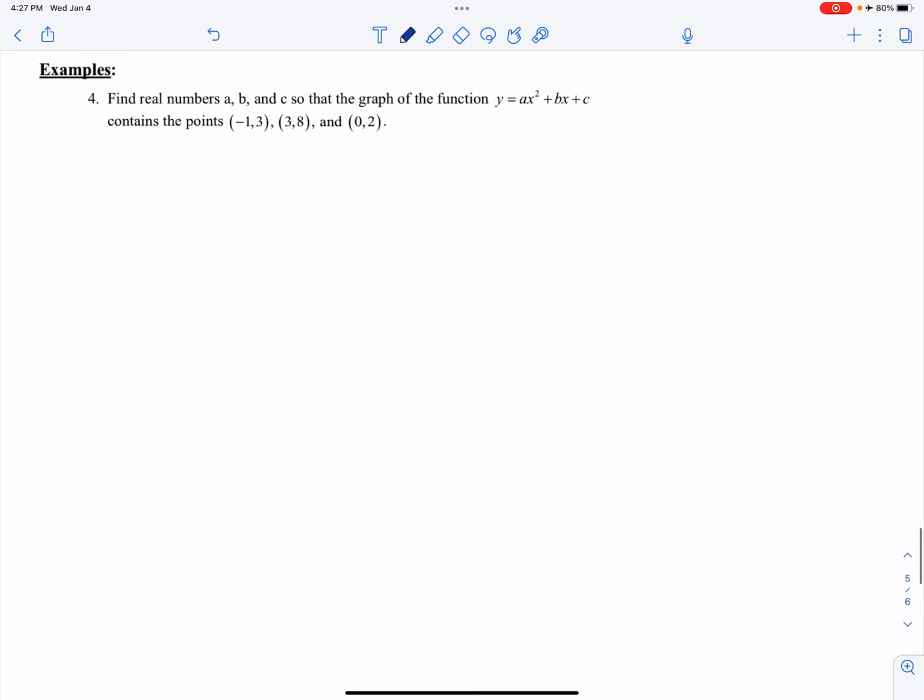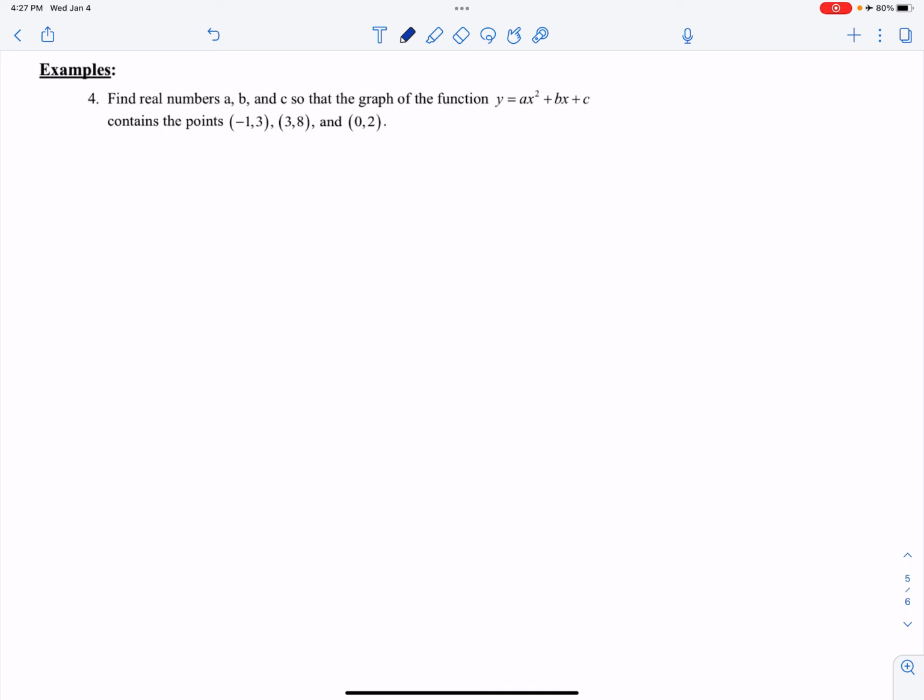Okay, our last example for today. Find a, b, and c so that the graph of the function y equals ax squared plus bx plus c contains these points: negative 1, 3; 3, 8; and 0, 2.